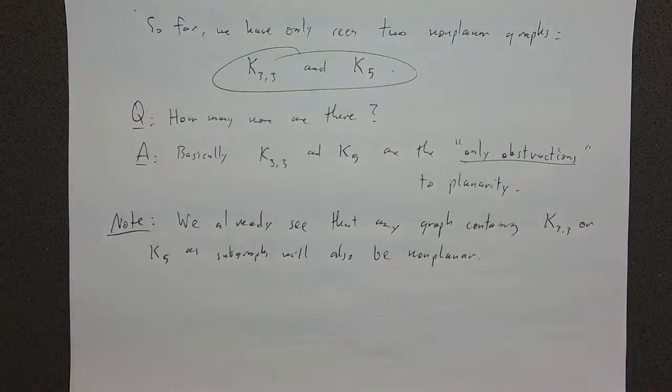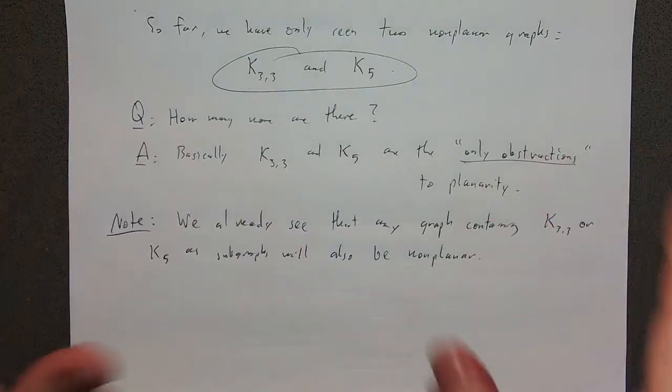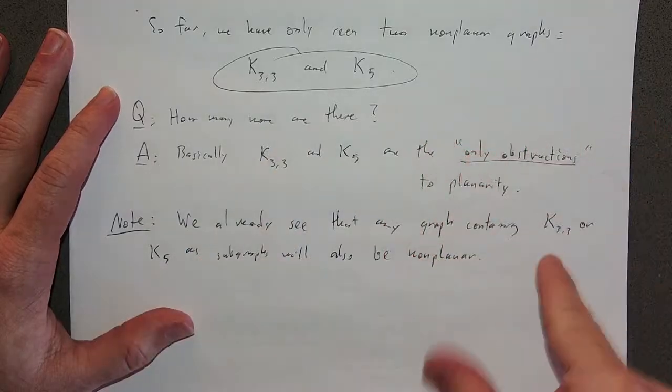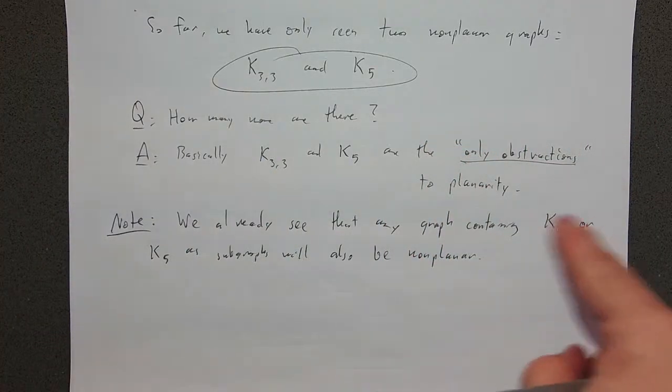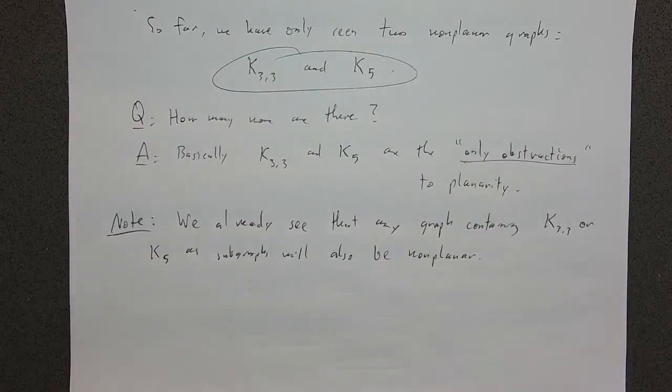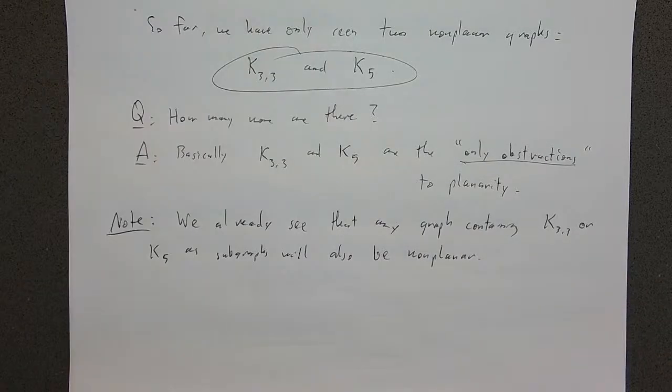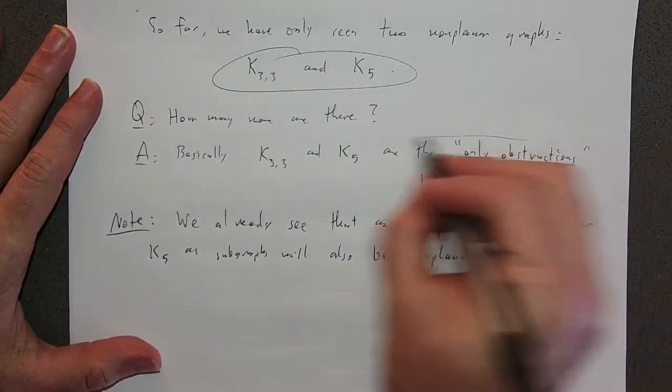The reason for this, of course, is that if you have a graph G that contains either of these as subgraphs, its planar representation would need to be planar for that part of the graph, but it's not going to be able to. Because if you had a planar representation for a graph that had these as subgraphs, then contained in that planar representation would be a planar representation of these subgraphs, and that can't exist because they're non-planar. So K33 and K5 are non-planar, and I said yesterday that it turns out these are basically the only obstructions to planarity.